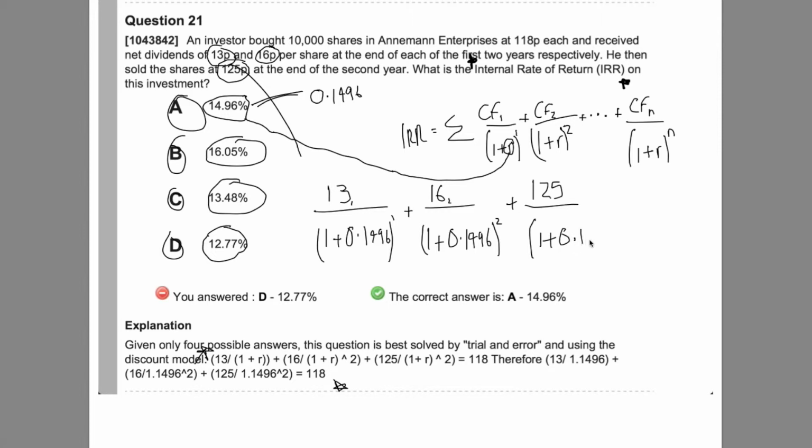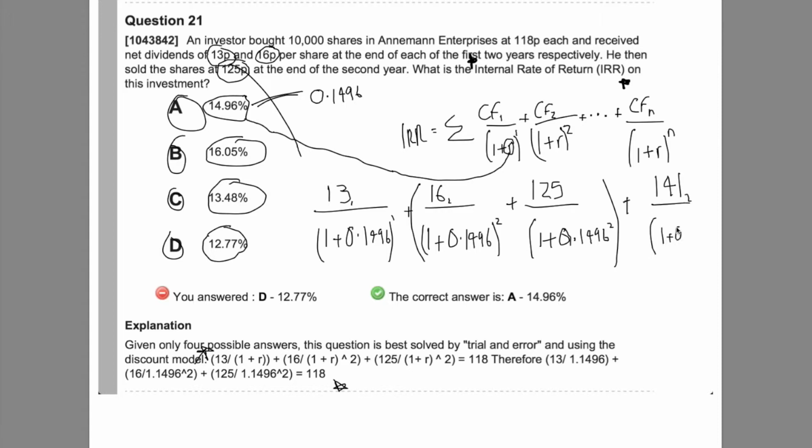Actually, what we could do is add the 16 and the 125 together. Why can we do that? Because they're both materialising at the end of the second year. So just to make things a little simpler, we'll lump those two together: 16 plus 125 equals 141, in the second year.